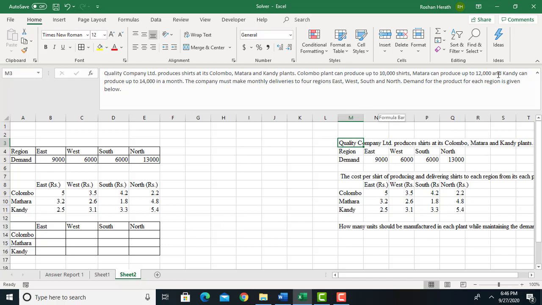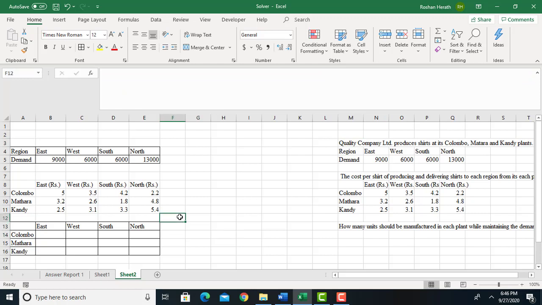Let's say that the question says the production capacity in Colombo is 10,000, Mathur 12,000 and Kandy 14,000. So if I take the production capacities, I might take it somewhere over here, the capacity.